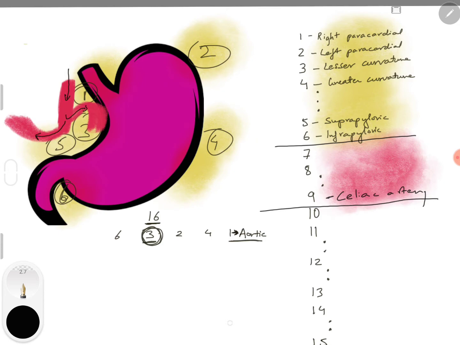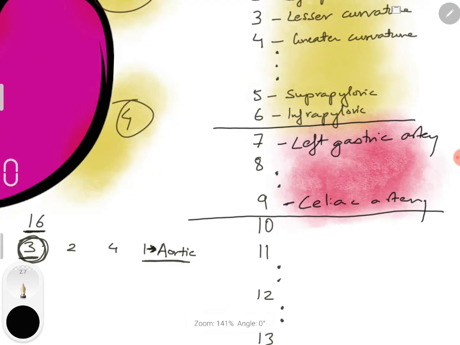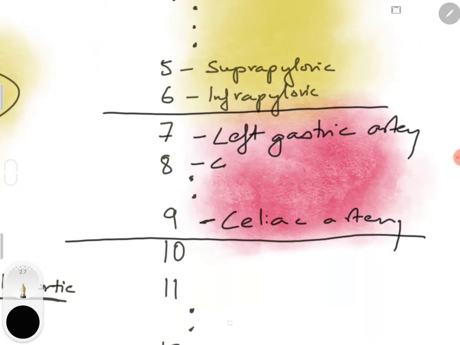The left gastric artery or the common hepatic artery? It's the left gastric artery. So this is 7, this is 8. Left gastric artery, common hepatic artery.